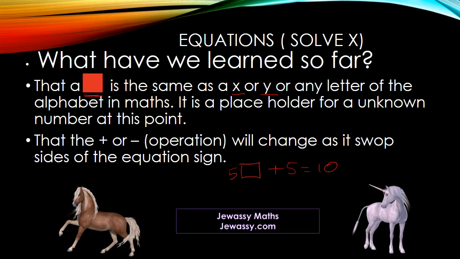So all these, the x, the y, this little block over here, are a placeholder for an unknown number or point. So we have to solve for them. They're unknown, and we have to figure out what their value is. We also learned in the last video that if there's a positive on this side of the equal sign, when it goes under, it changes to a -5.